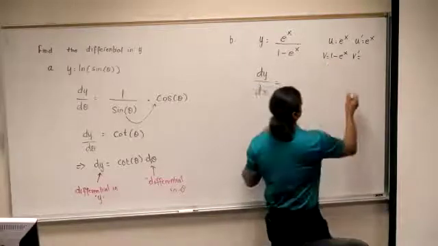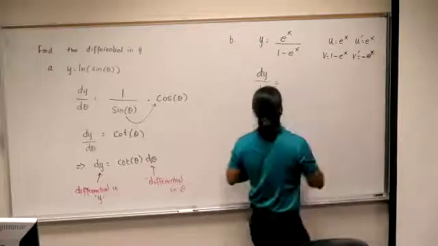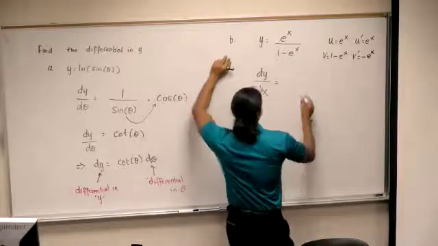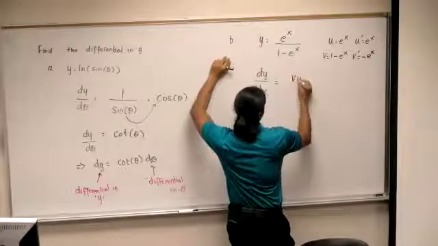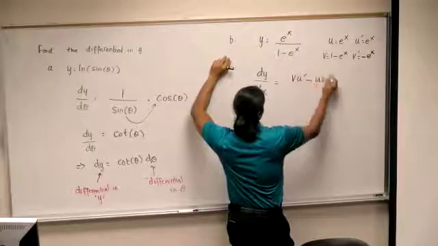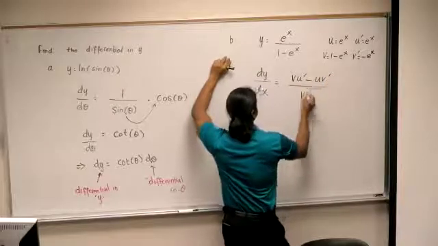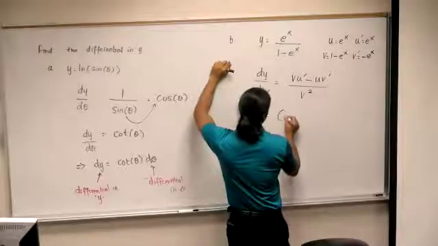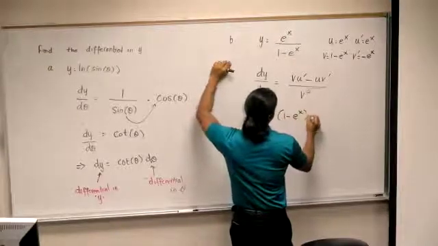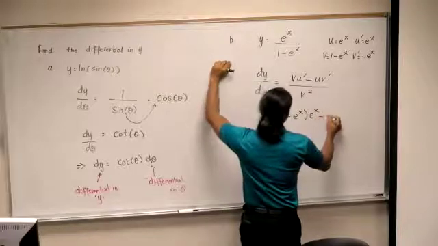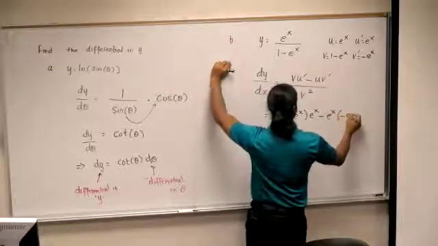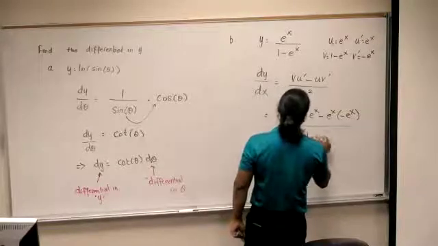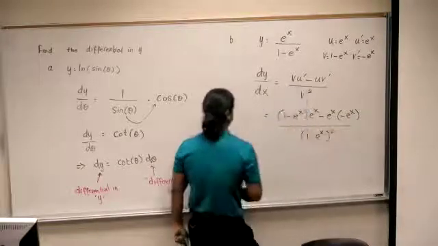The formula is v u prime minus u v prime, divided by v squared. So 1 minus e raised x times e raised x, minus e raised x times minus e raised x, divided by 1 minus e raised x squared.